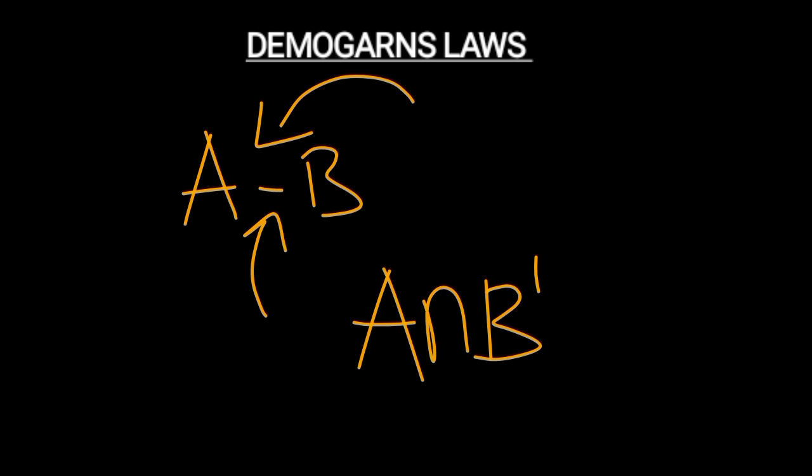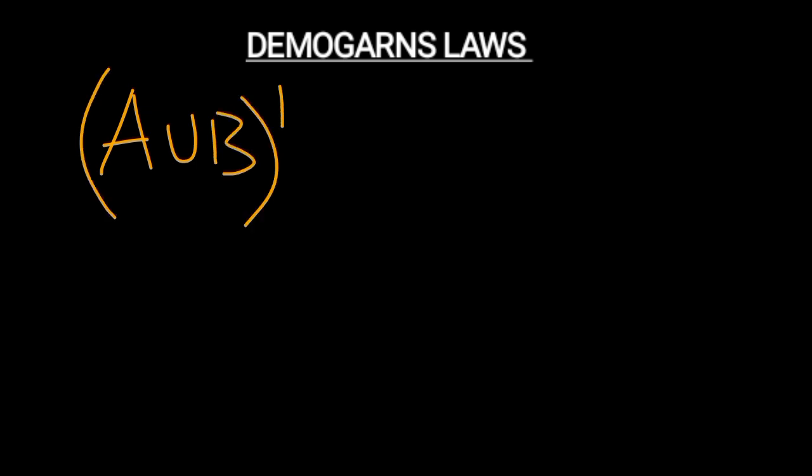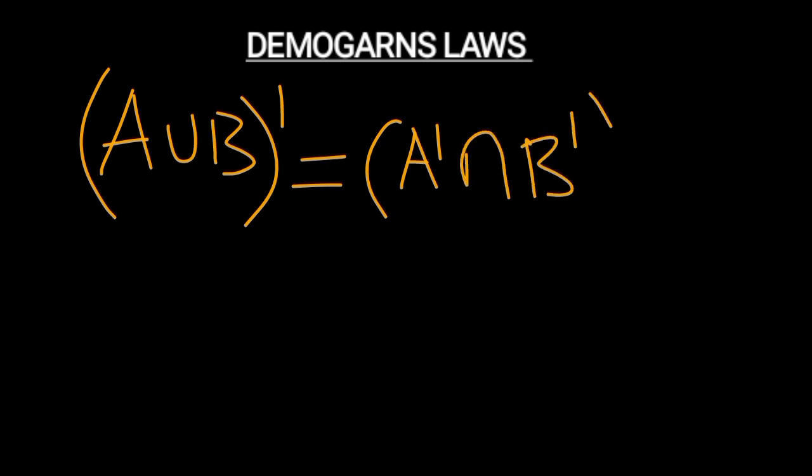So we're going to be using those symbols to prove De Morgan's laws. So what are these De Morgan's laws? How do they look? For example, if we have a question like prove that A union B in brackets, complement, is equal to A complement intersection B complement.